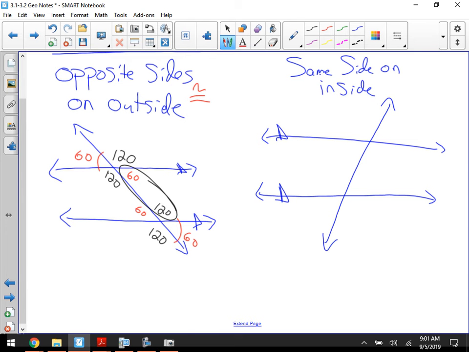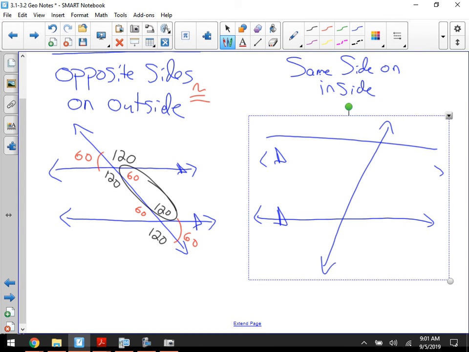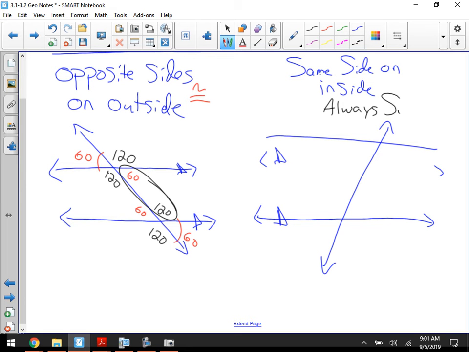Which means they are, excellent. Same side inside are always supplementary. And remember, when you're supplementary, that means you add up to equal 180.